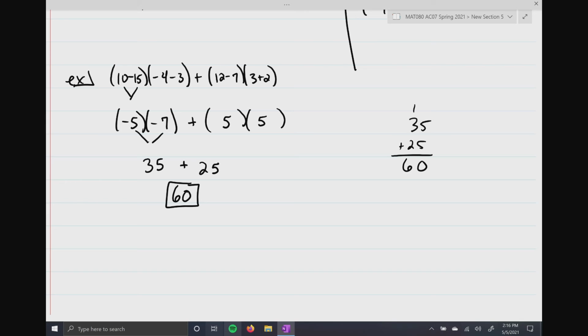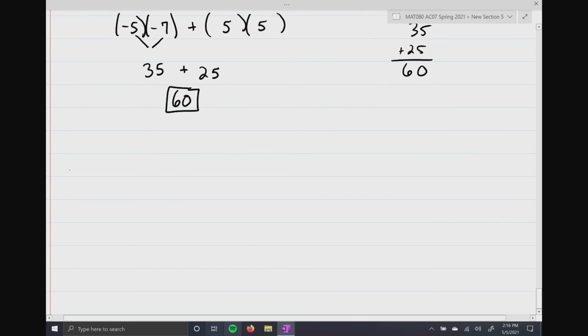All right, let's do 2 more problems and we'll call it a day. These are going to be more difficult order of operation problems, but we can handle them.